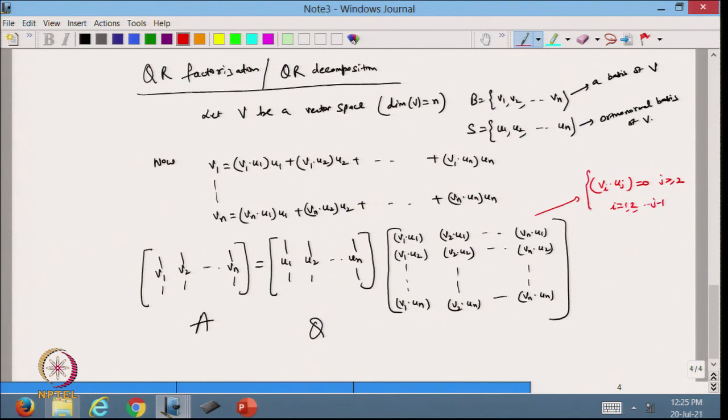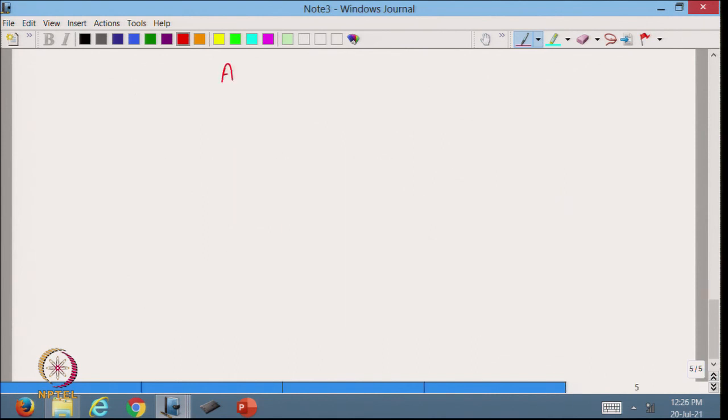So, if you use this, you will see that this matrix is an upper triangular matrix. Because we are talking about a vector space of dimension n, each matrix will be of order n cross n. Only when the matrix is square can we talk about an upper triangular matrix. So, from here we get the matrix A equal to QR.